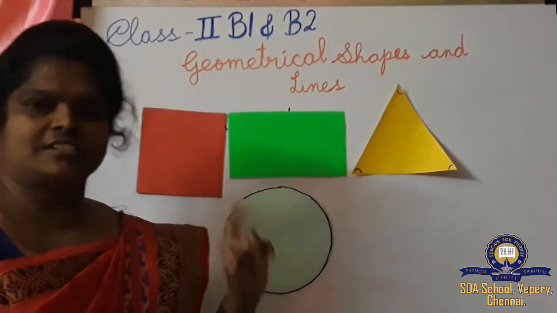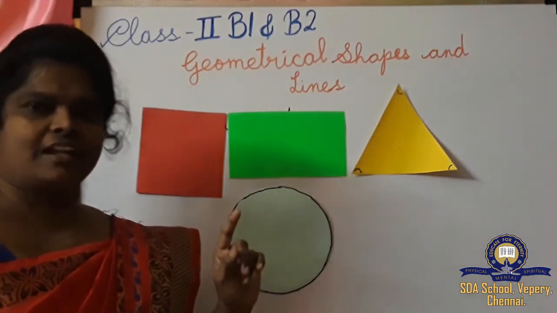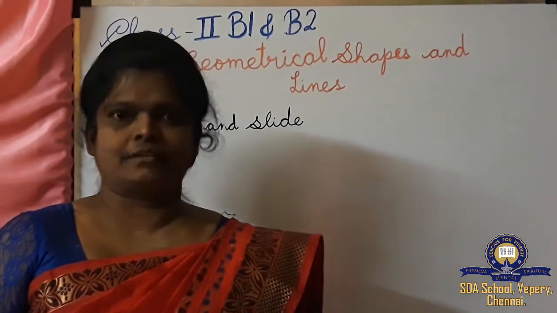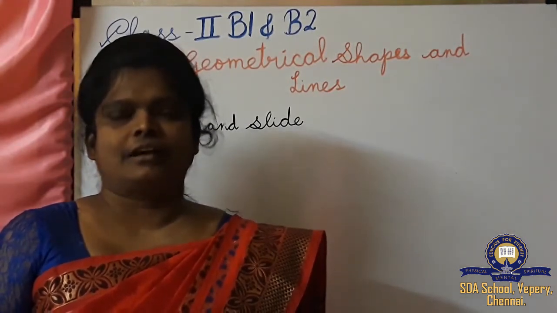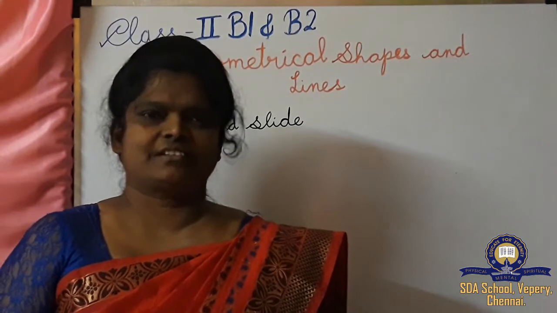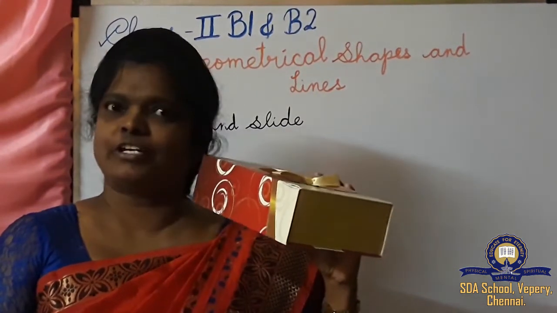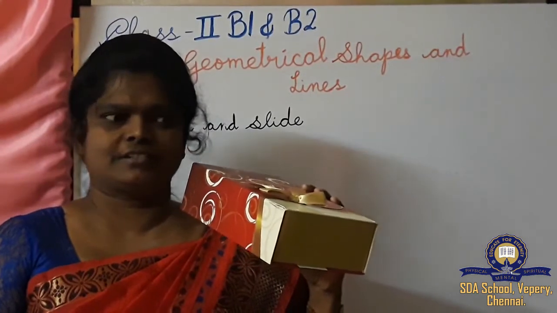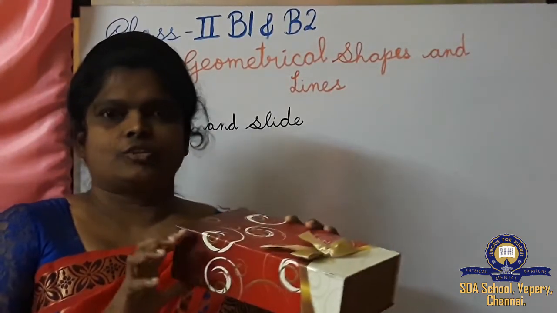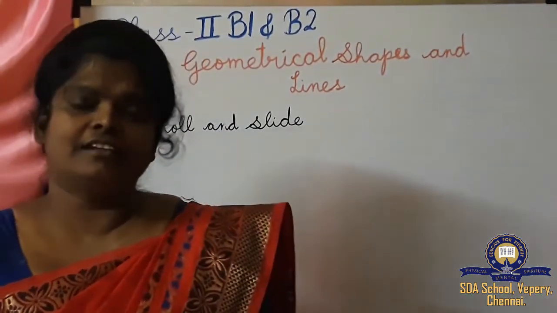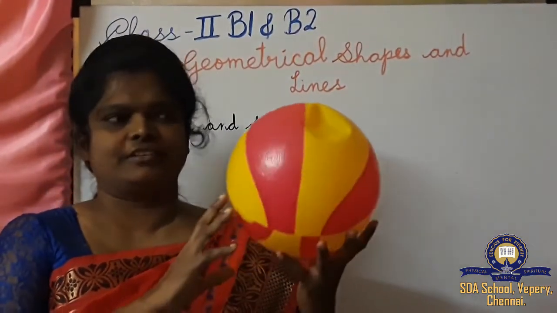Next what we learned? 3D shapes. The 3D shapes, what we learned in the last lesson? Cuboid. Cuboid has 6 faces, 12 edges and 8 corners. And we learned the sphere.